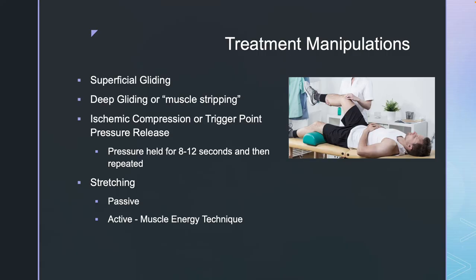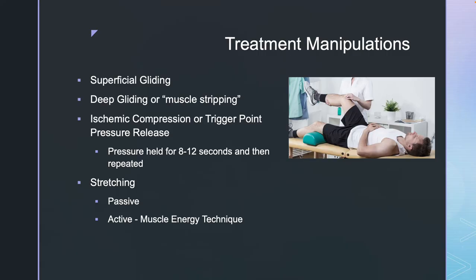Stretching after you work on a trigger point is the best way to keep it from coming back fiercely. It's also not going to just disappear, but you're going to work at it, and the idea is to at least get that trigger point deactivated so it's no longer shooting pain in a referral area.